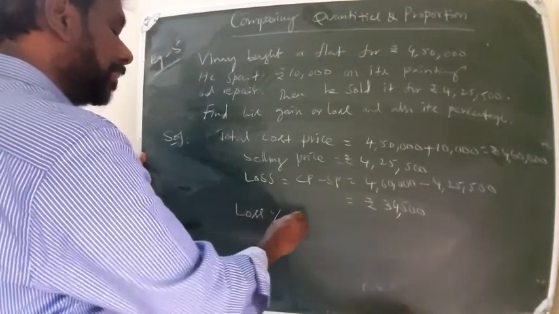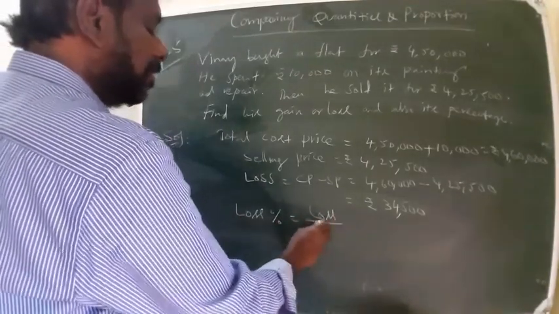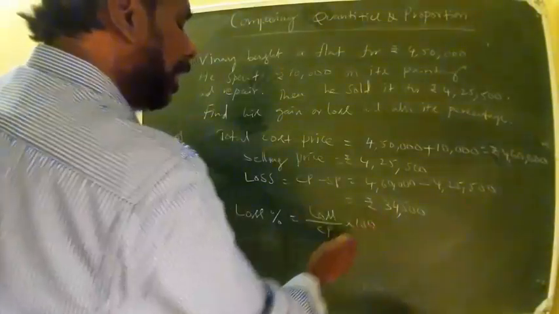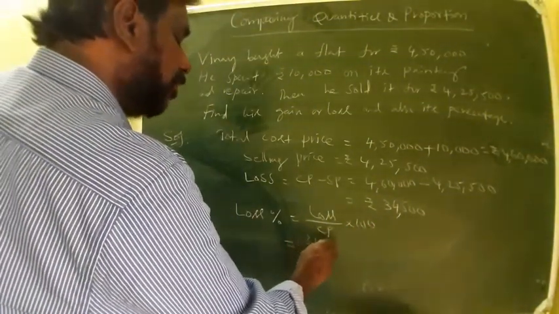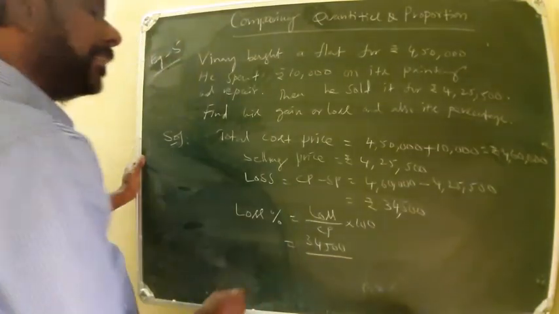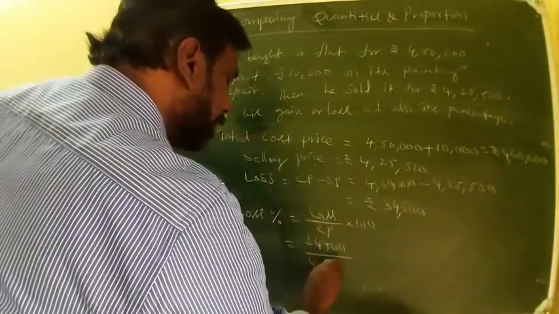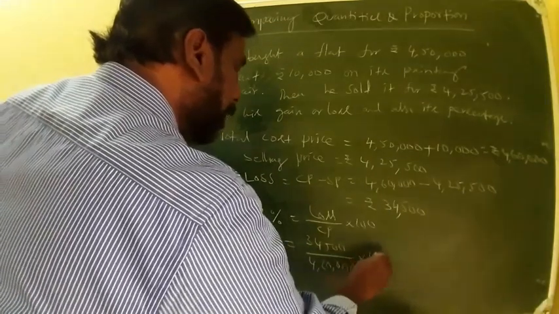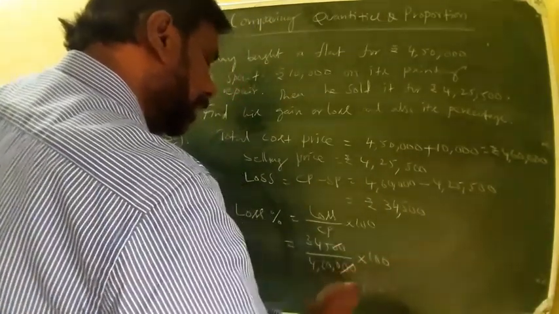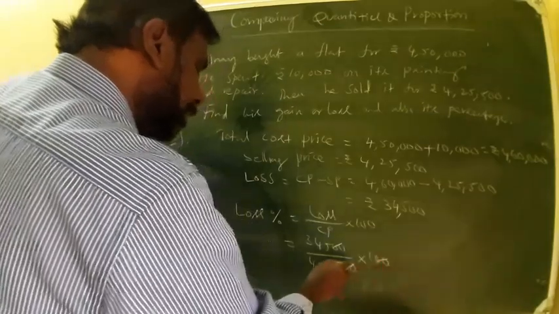Loss percentage formula, loss by CP into 100. That is 34,500 by CP. CP how much? Cost price 4,60,000 into 100. 2 zeros, 2 zeros cancel.